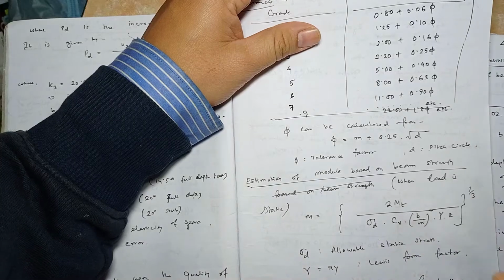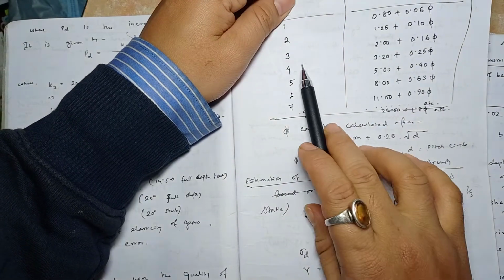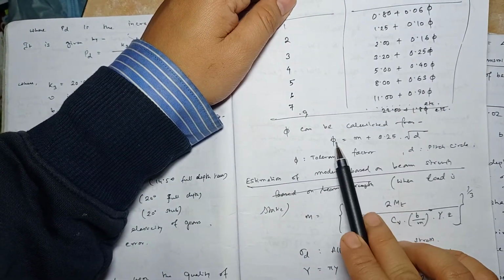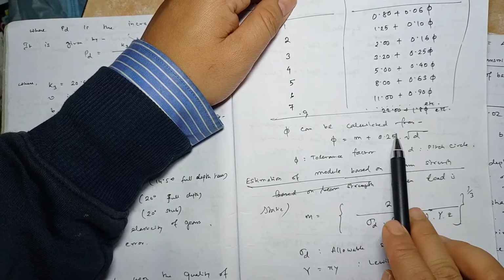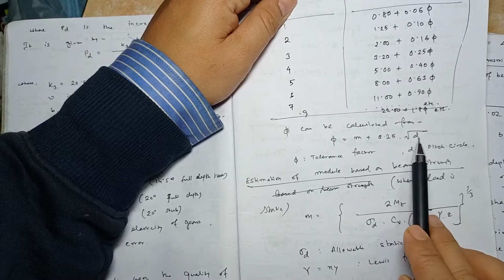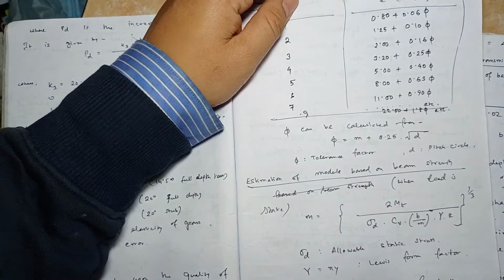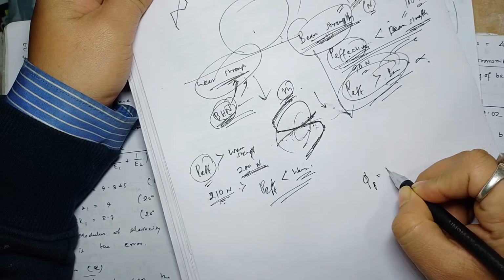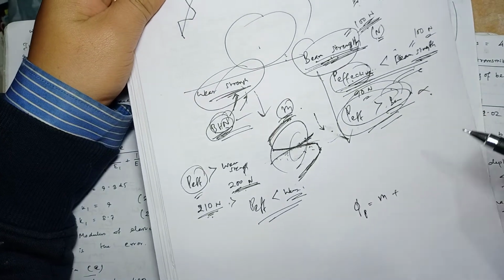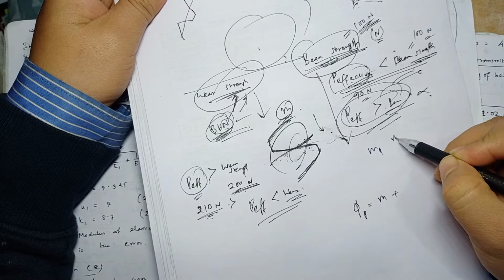See, so many calculations inside this. So phi can be calculated again using this formula: module plus 0.25 into root over d. Now phi for pinion has to be calculated, and phi for gear has to be calculated. The module is the same for gear and pinion, so we don't write mp or mg.